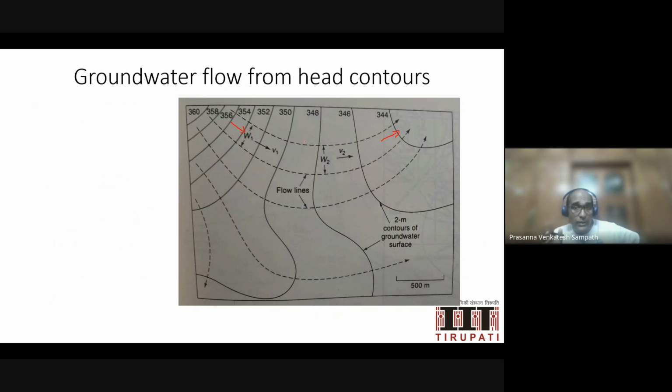If that is not happening, let us assume for a minute that there is no additional water entering the system between these two cross sections, cross section 1 and cross section 2. Cross section 1 is around 354, 352 meters, and cross section 2 is at 348, 346 meters with respect to the datum. What I'm saying is that the flow coming into cross section 1 is about the same as the flow going out of cross section 2.